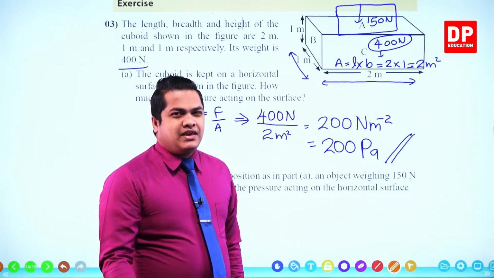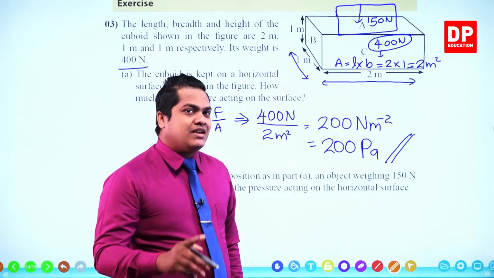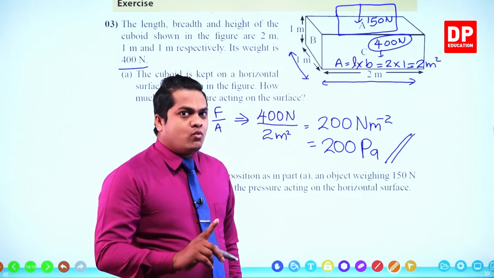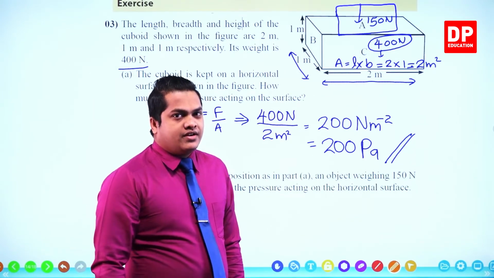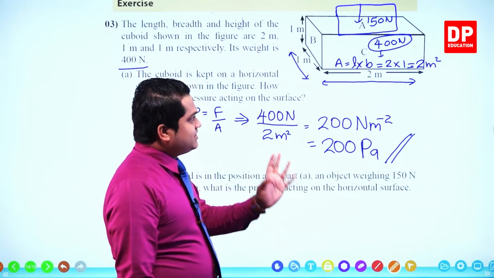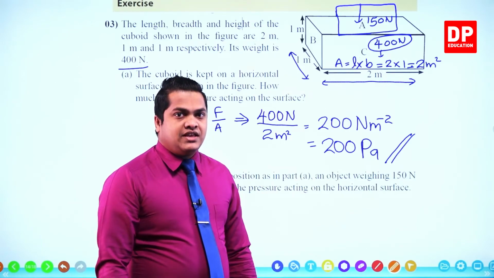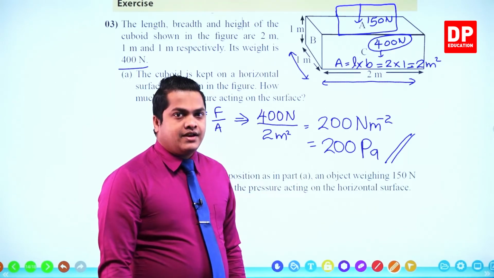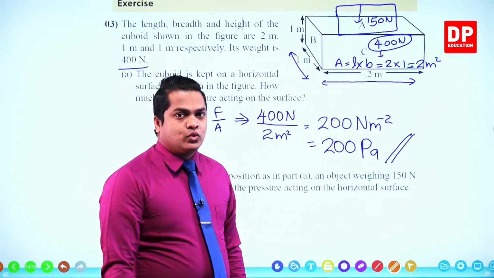So apply P equal to F over A, but here the force should be 150 plus 400, 550. Area remains the same because there is no change in the area, right? It remains the same, which is equal to 2.